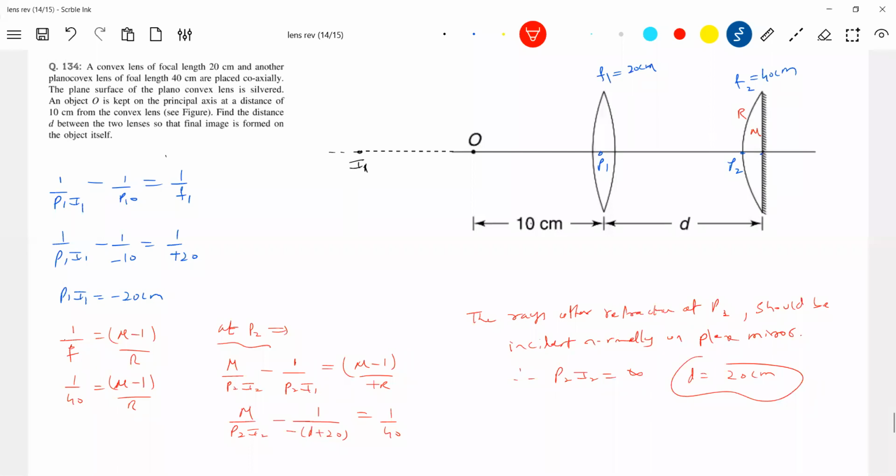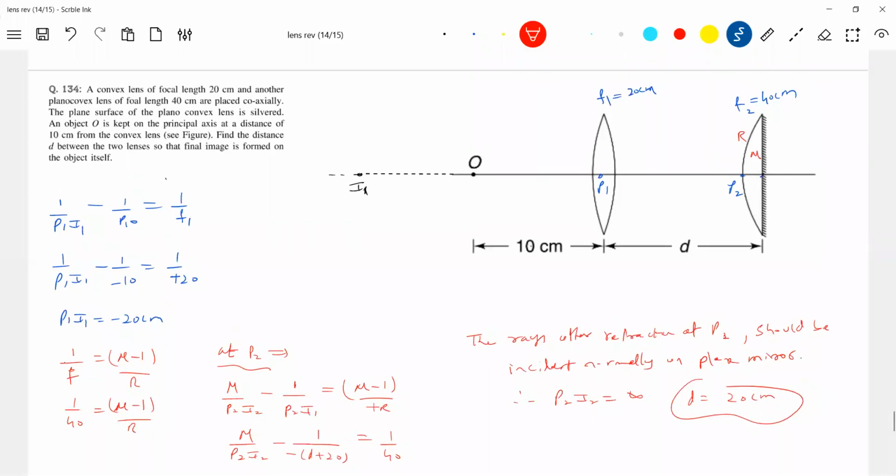So can we draw a ray diagram? Let's get into the rays here. They will diverge. I'll draw the ray diagram. Just see once.